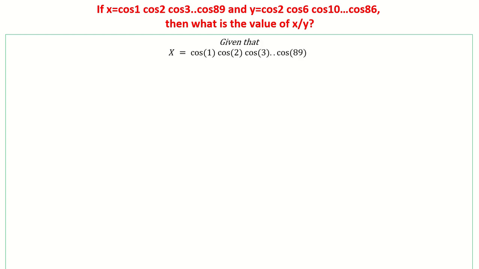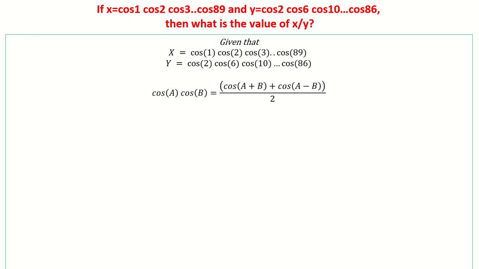It's given that x equal to this, y equal to this. Now, you should know this equation: cos A into cos B equal to cos A plus B plus cos A minus B divided by 2. This you should remember. This is the one which we will apply here. Take the first equation x.